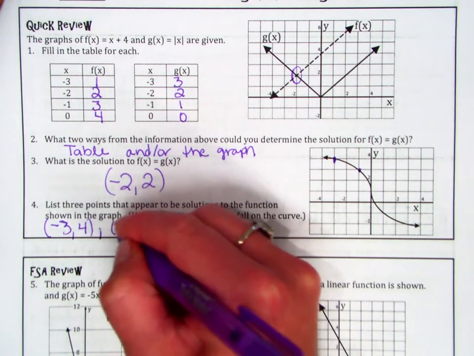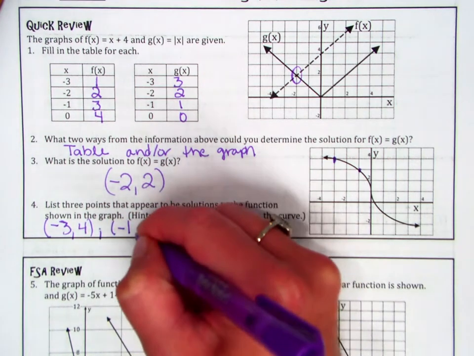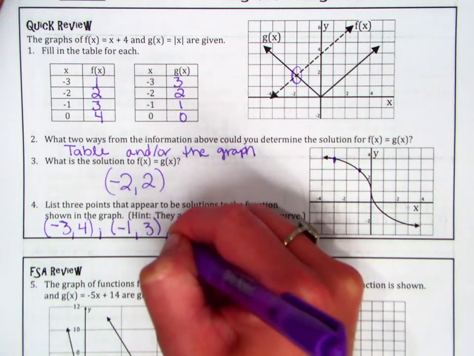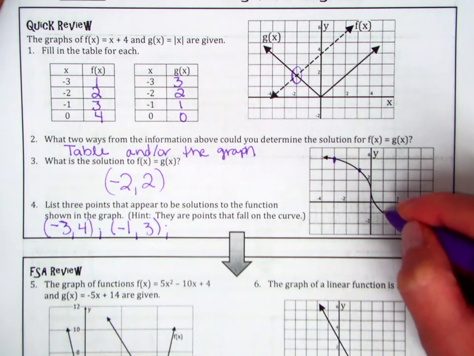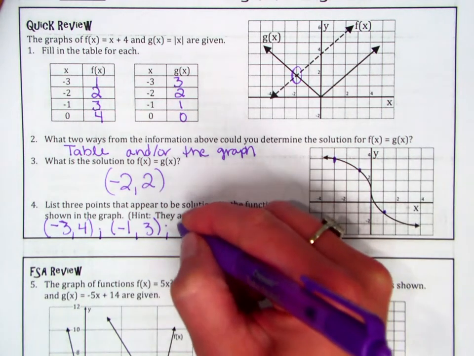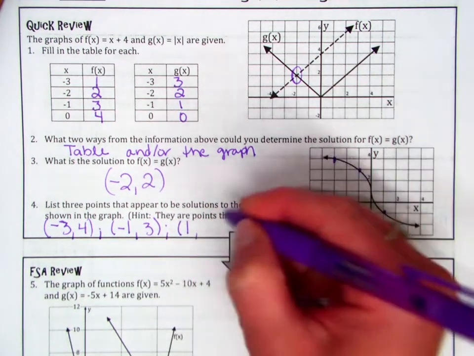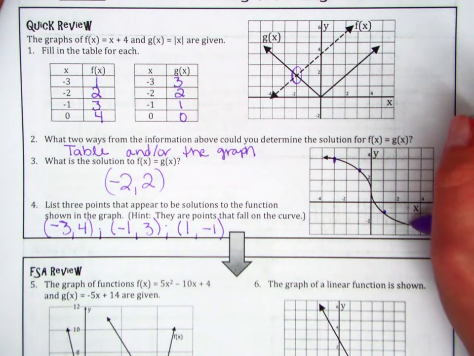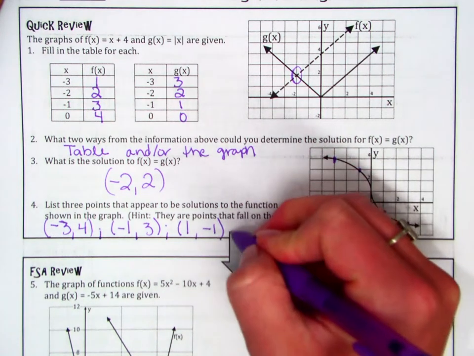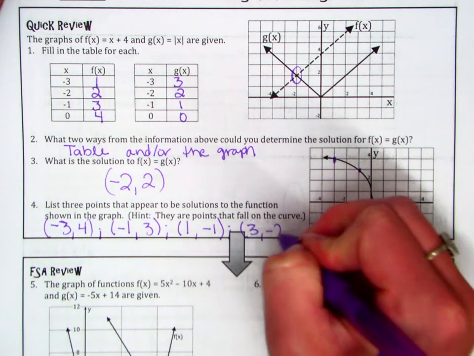So that's negative 1, 3. Right, and I would say this also lies on the graph, and that would be 1, comma, negative 1. So if you don't agree with that one, you can also say that this point lies on there, which would be 3, negative 2.